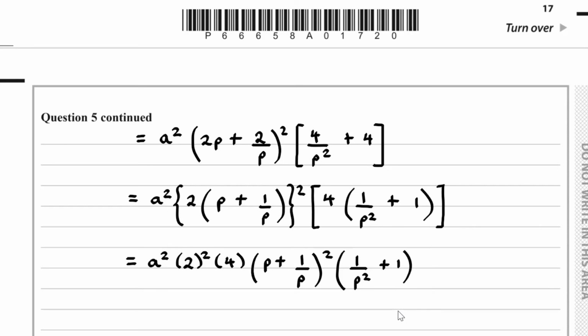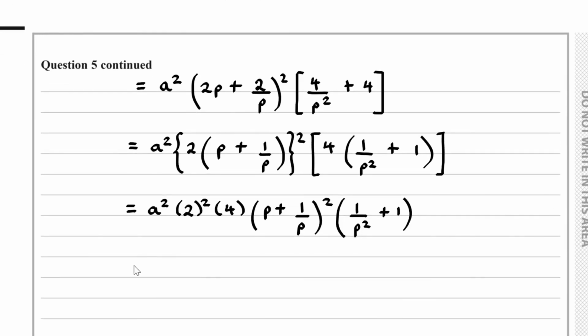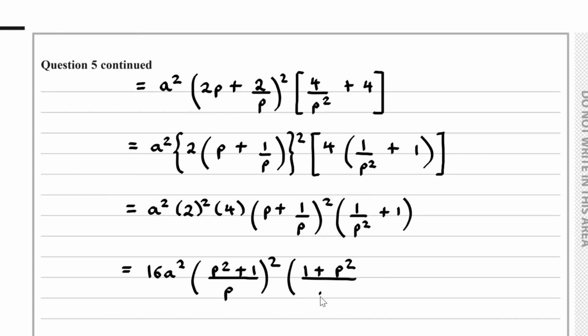And so now we need to simplify all of this. 4 times 4 is 16, multiplied by a squared. That's 16a squared. And then p plus 1 over p we can combine. That's the same as p squared plus 1 over p all squared. And then this we can simplify to 1 plus p squared over p squared.